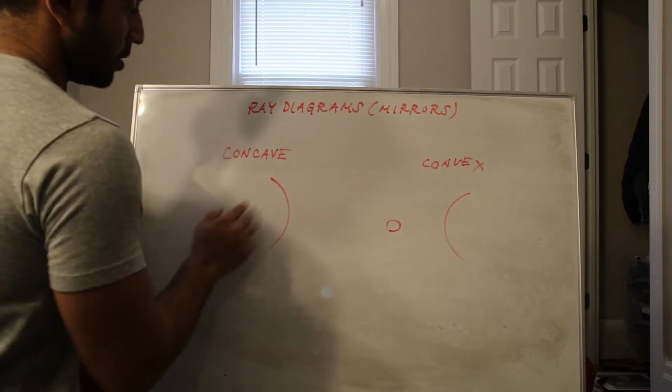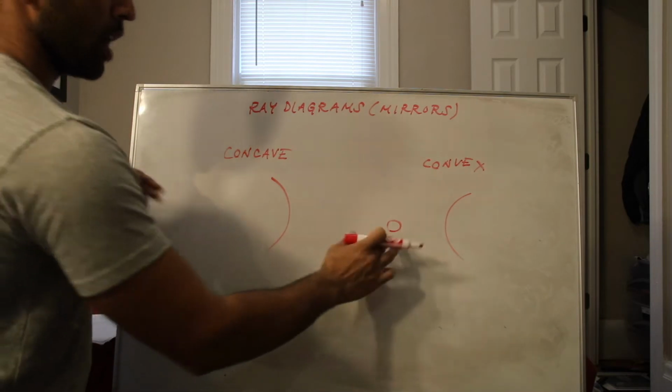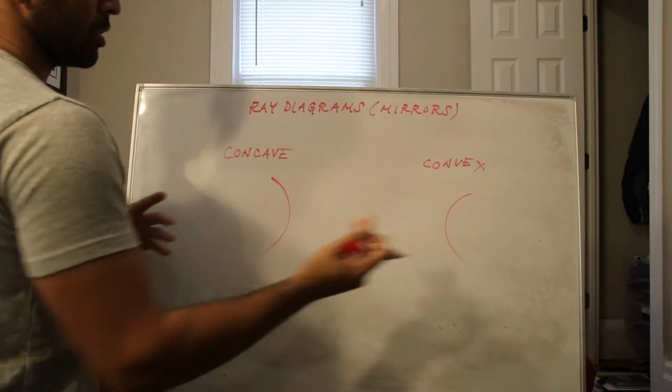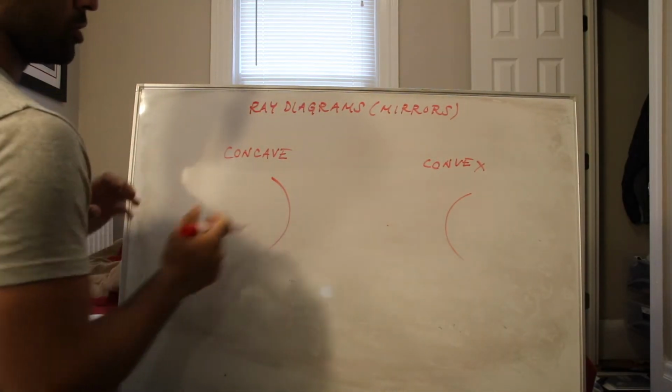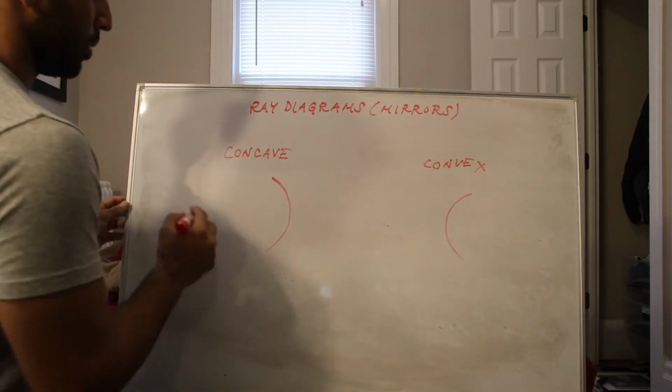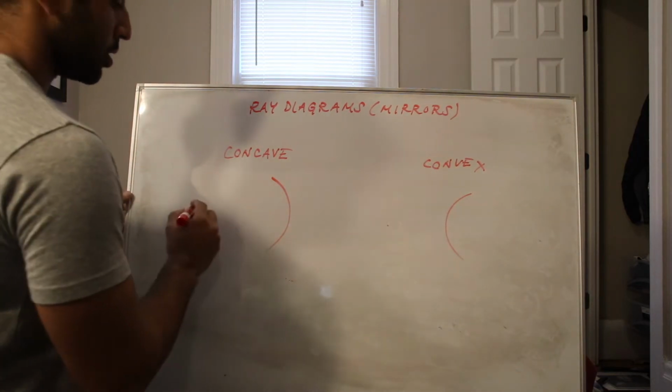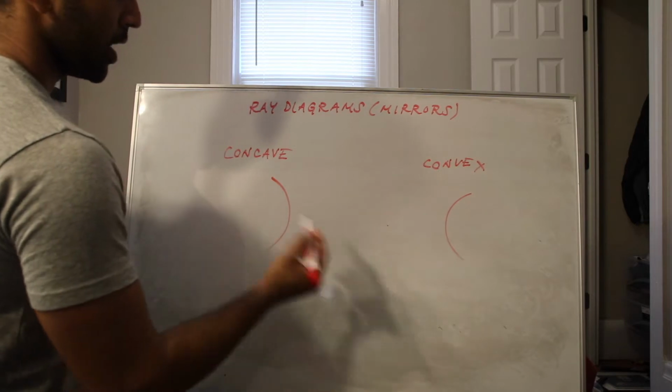There's something we can relate about these two mirrors, which is the amount of curvature they have. The amount of curvature is measured by something we call R or C, which is the center of curvature or the radius of curvature.